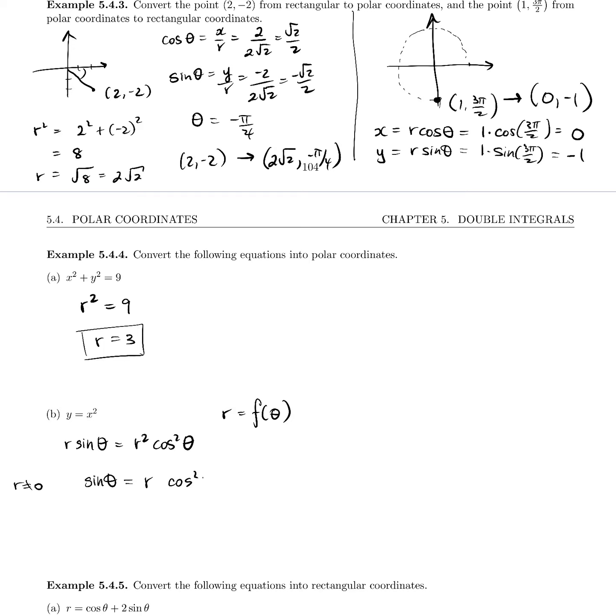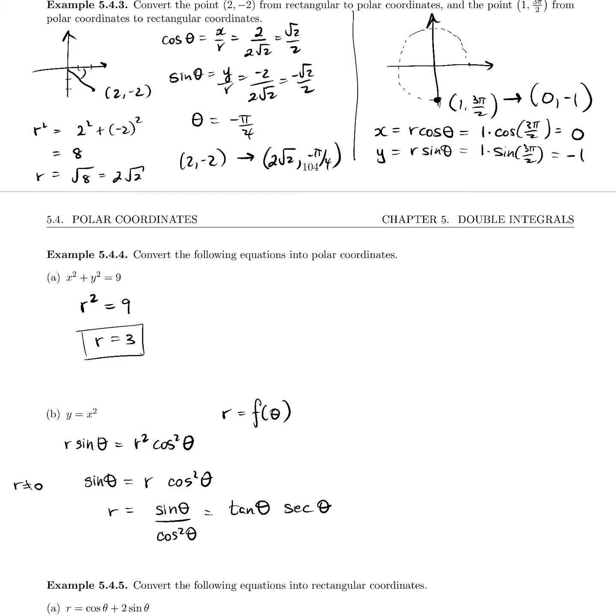And so if I want to isolate r, I'm going to divide. So I'm going to get sine of theta divided by cos squared theta, which can be written as sine over cos, tan theta, times 1 over cos, which is secant theta.